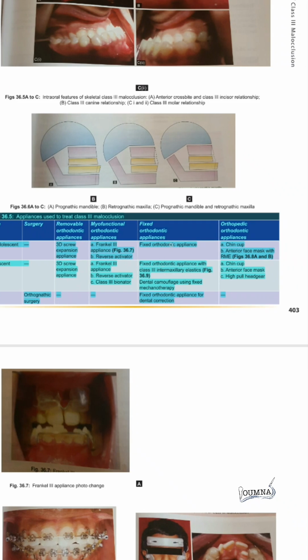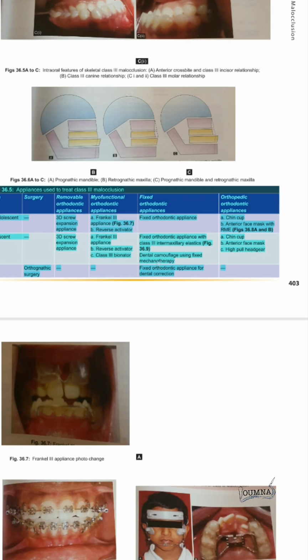Some fixed orthodontic appliances can be used, where we use intermaxillary elastics, and here we rely on dental camouflage, where we do some tilting of the maxillary incisors to the labial side, and the mandibular incisors to the lingual side.